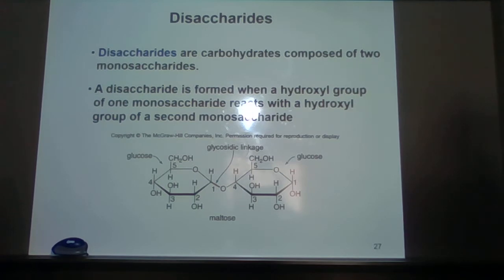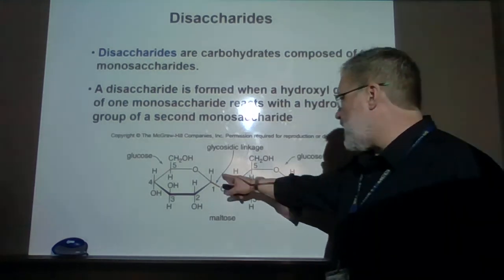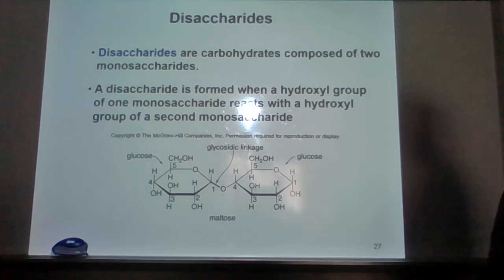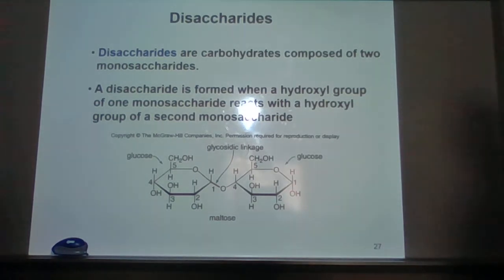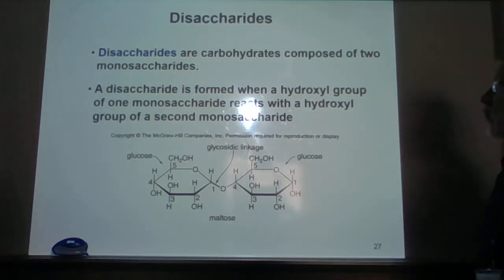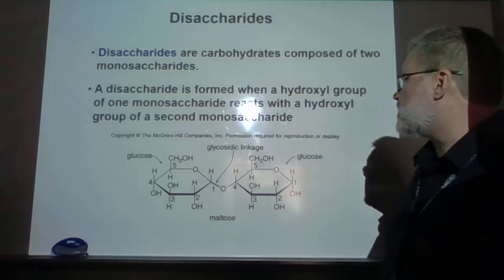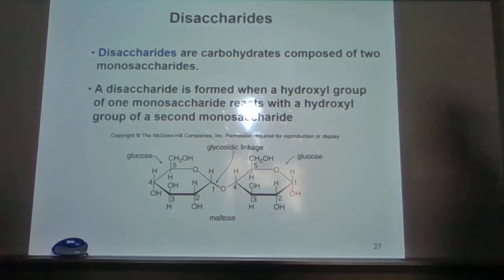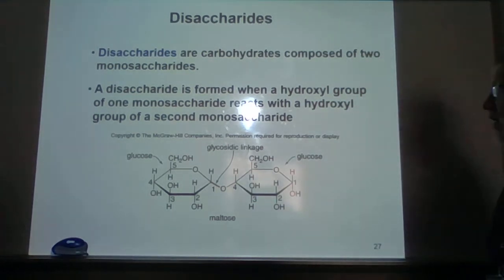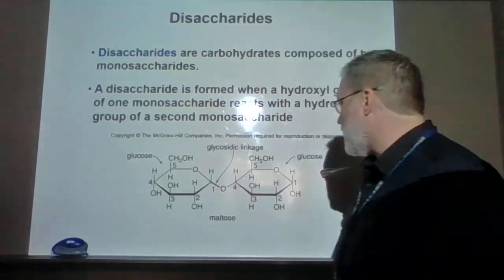Disaccharides are carbohydrates composed of two monosaccharides linked by what is known as a glycosidic linkage. A disaccharide is formed when an OH group of one monosaccharide reacts with the OH group of a second monosaccharide. So here we have glucose starting out.